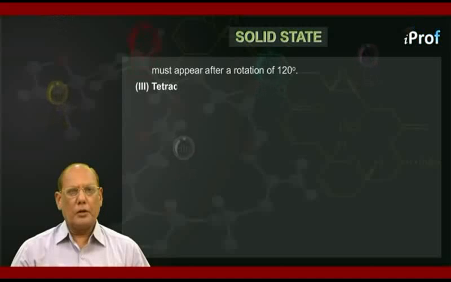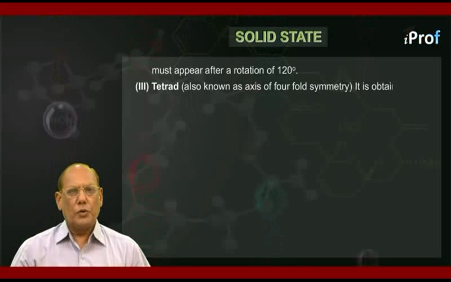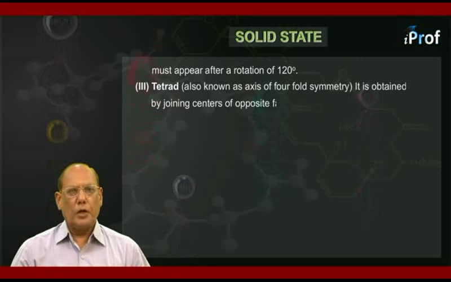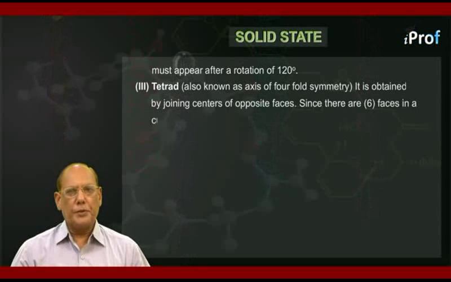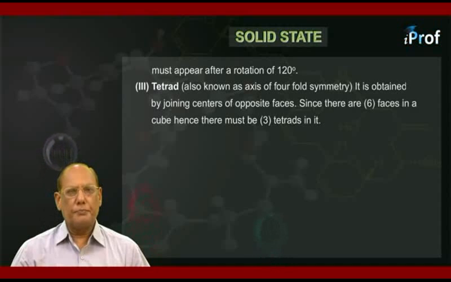Third, tetrad, also known as axis of four-fold symmetry. It is obtained by joining centers of opposite faces. Since there are 6 faces in a cube, there must be 3 tetrads in it.